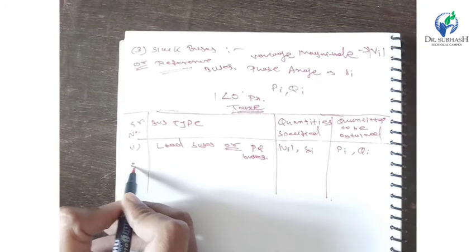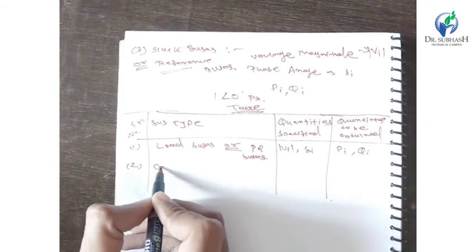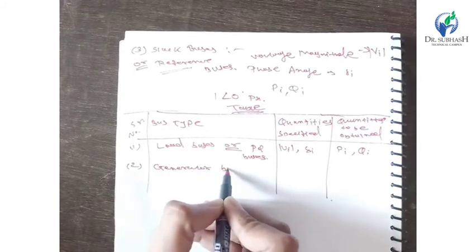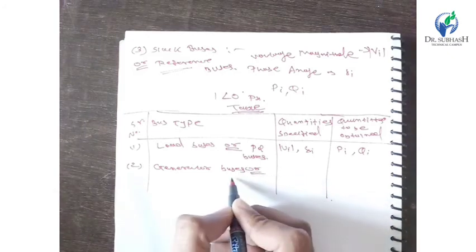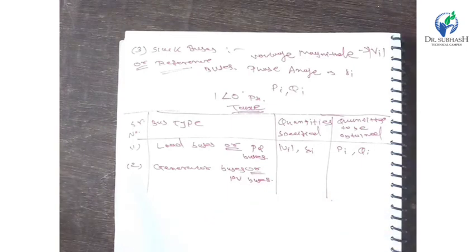The second bus type is the generator bus. The other name of the generator bus is the PV bus.